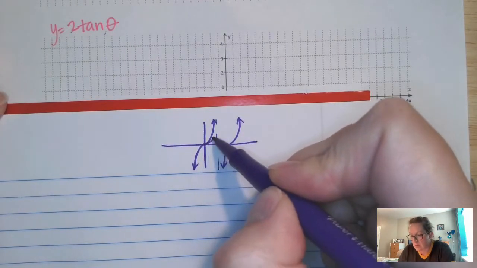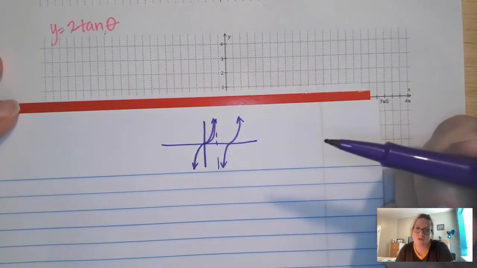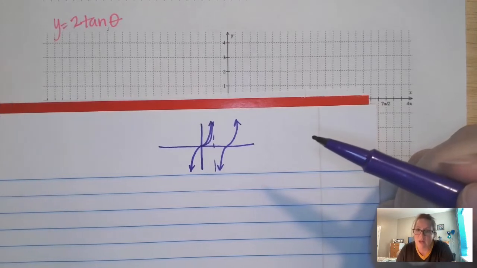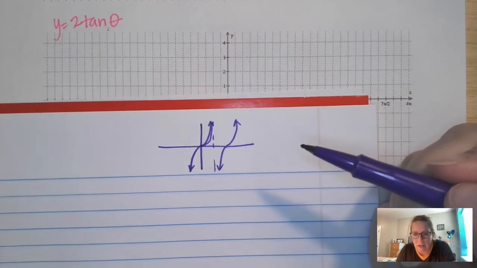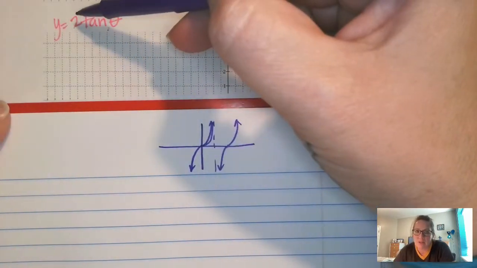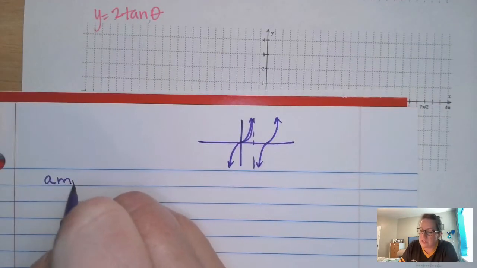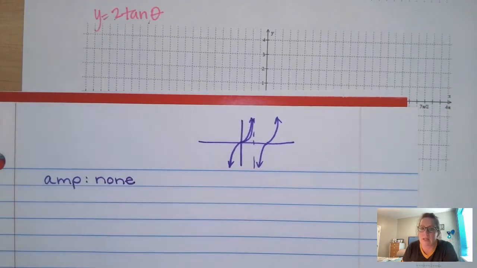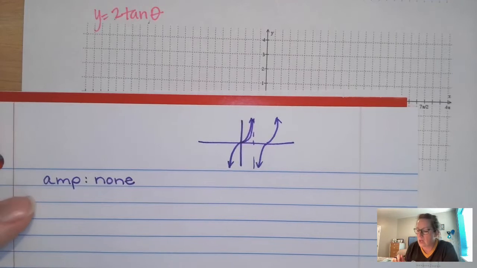Is it going to go more flat and then up? It does affect that, but it's so hard to visually see that when we're just sketching the graphs of these, which is what we're going to be doing, we don't even identify a difference on those guys. So yes, where the amplitude part is too, but when we're asked in the questions what the amplitude is for cotangent and tangents, we are saying none because there is no ending point on these guys, okay?